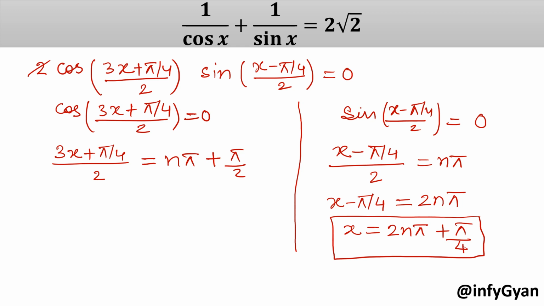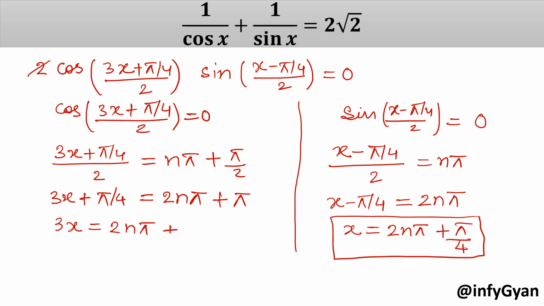Now 3x plus pi by 4 equal to 2n pi plus pi. Now 3x will be equal to 2n pi plus pi minus pi by 4. So that will be 3 pi over 4.